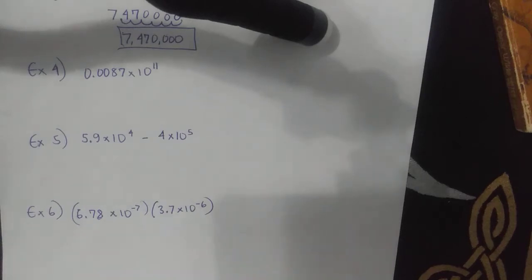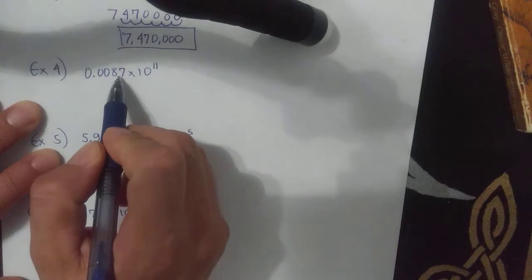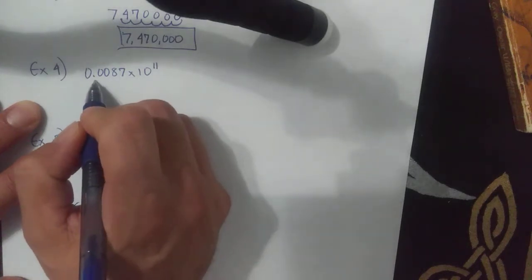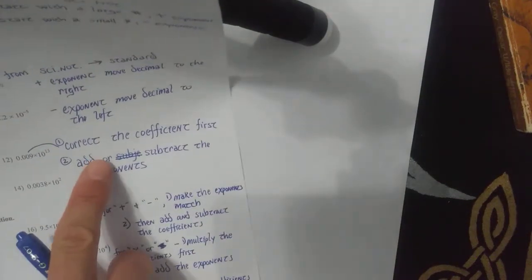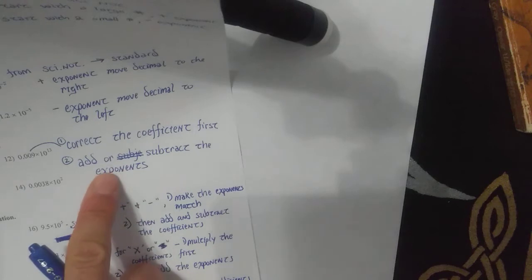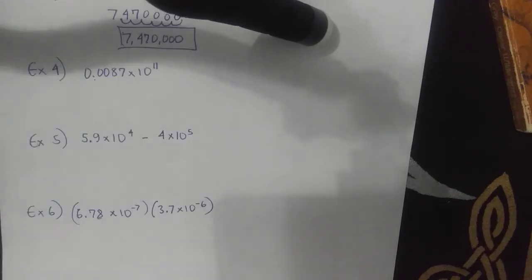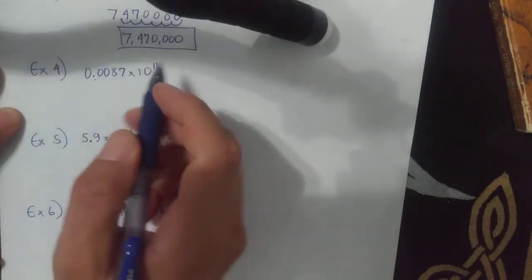Oh, we're supposed to fix this. See, it's not totally correct because the decimal should be behind the first whole number. So I'm just going to move it. This is correct the coefficient first, then add or subtract the exponents. Alright, so again, this is a small number, so I'm going to get a negative exponent when I move it.